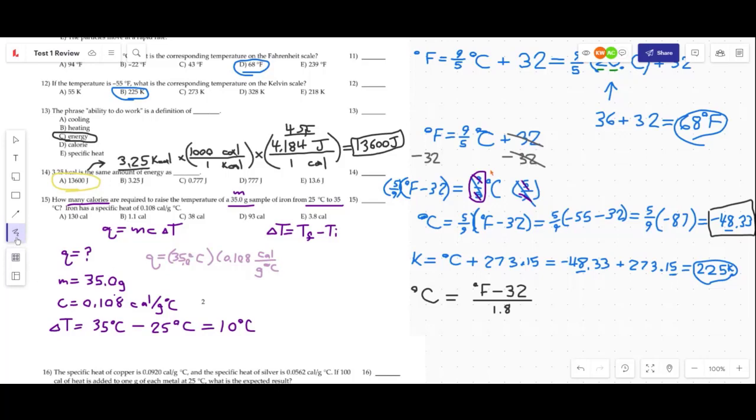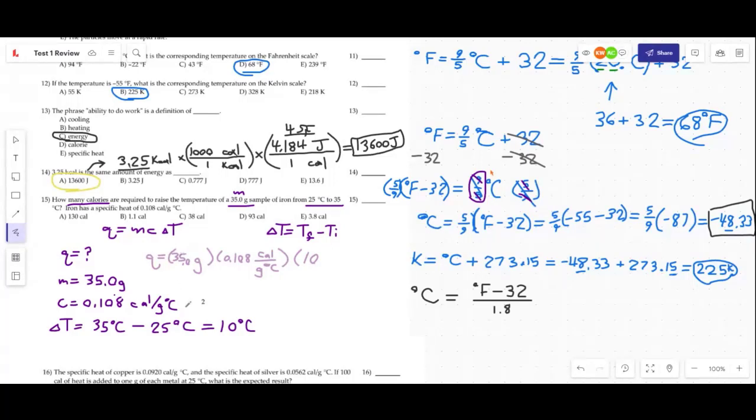Please forgive me. I put 35 degrees Celsius and I meant 35 grams. This is mass. It is not temperature. This is grams. And then the change in temperature is 10 degrees Celsius.